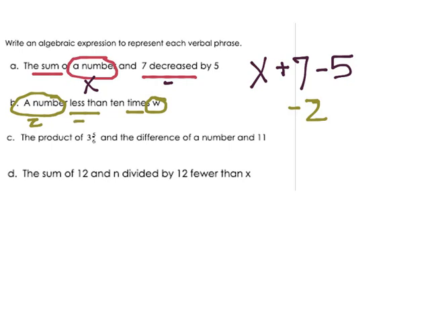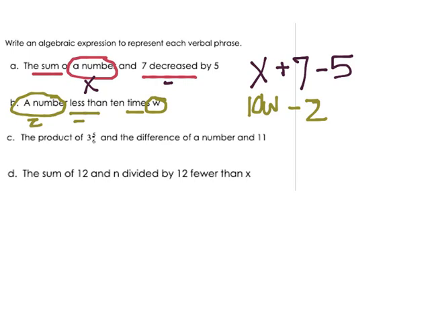So a number, we're saying z, less than 10 times w. If I want to show that I am multiplying a number by a variable, this is when I get to write them side by side, because now I have a coefficient of 10 and a variable of w, and I know when a coefficient and variable are right next to each other, that indicates multiplication. So now this says a number less than 10 times w.